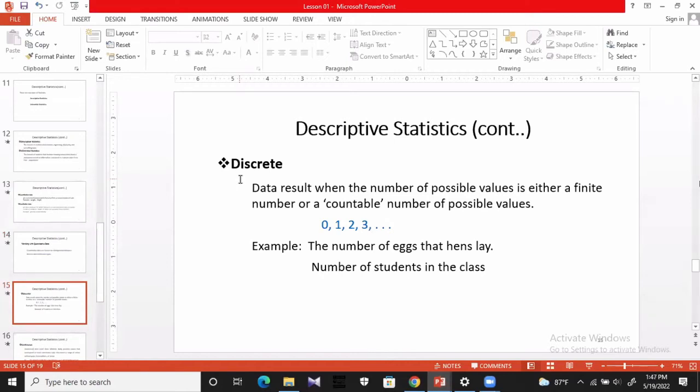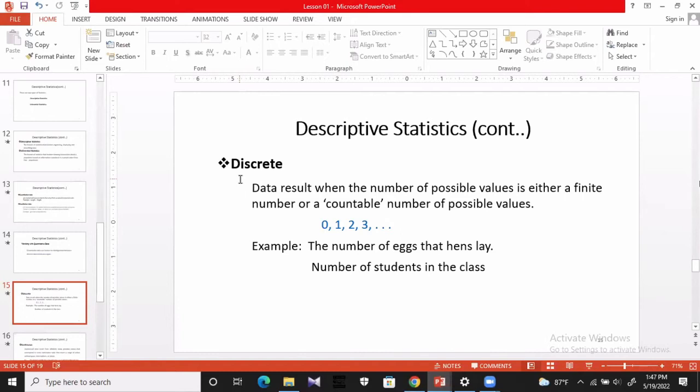Now, is the height of a student continuous or discrete? What do you think?